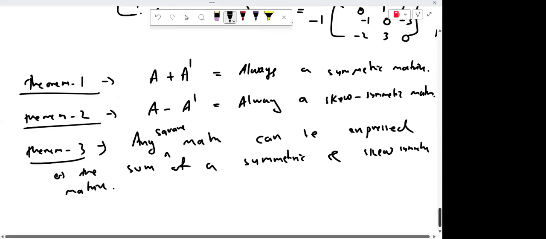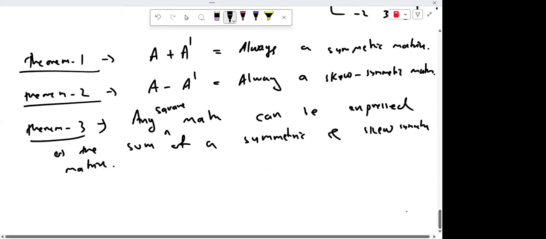Okay. Any square matrix in this world can be expressed as the sum of a symmetric and skew symmetric matrix.